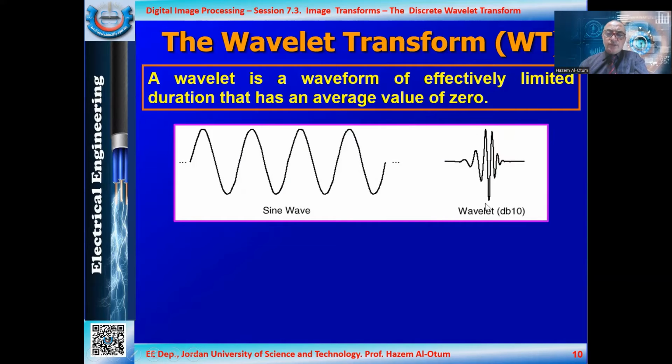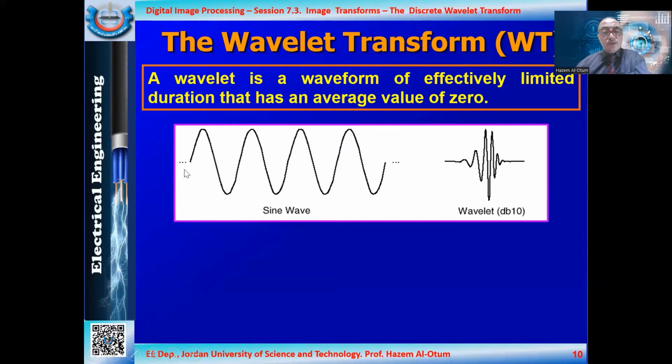So any shape of wave with limited duration and an average value of 0. In this case, we depicted the wavelet of the scientist Daubechies, and this is the Daubechies wavelet of type 10, dB10.